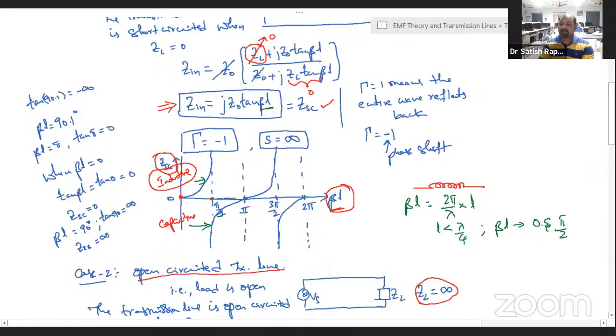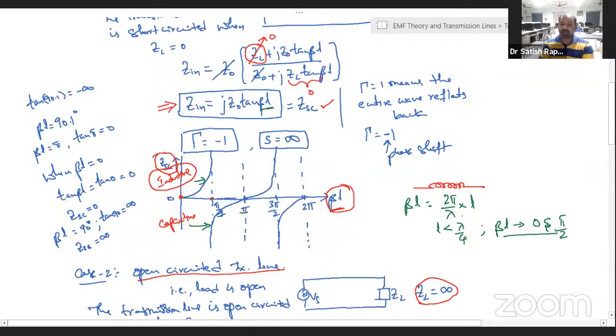Therefore, when the length of the transmission line is less than lambda by 4, the input impedance is inductive for a short circuited transmission line, so it can be replaced by an inductance.